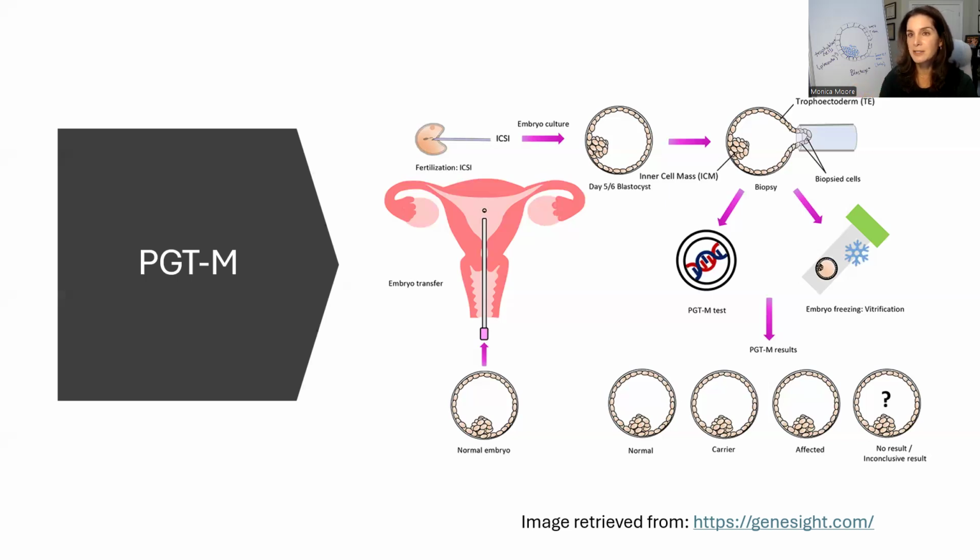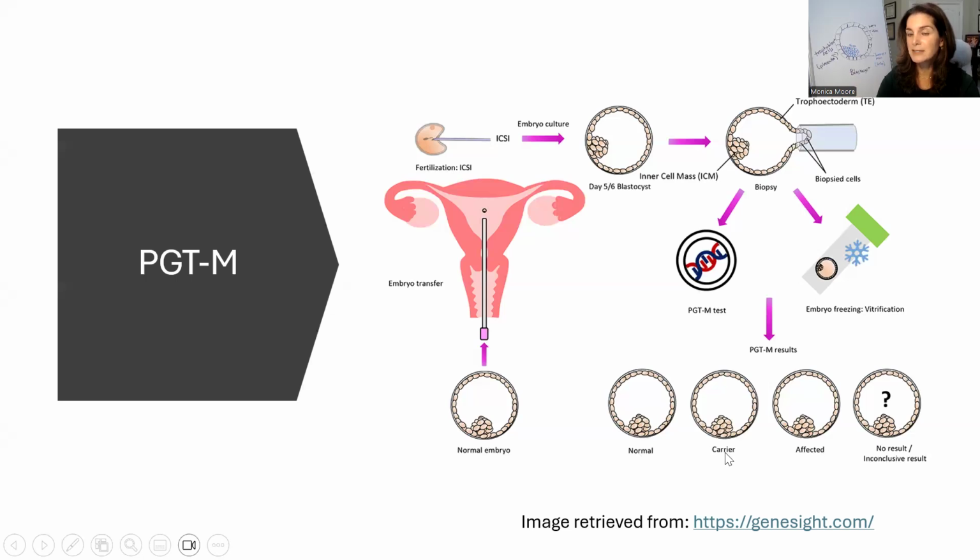We can do PGTM and PGTA at the same time so that we could know whether you have normal, carrier, or affected, and you could also know that the chromosomes in the embryos are normal or euploid. Because if you have somebody that is, let's say, normal, meaning not a carrier for this disease, but aneuploid, that's a problem.